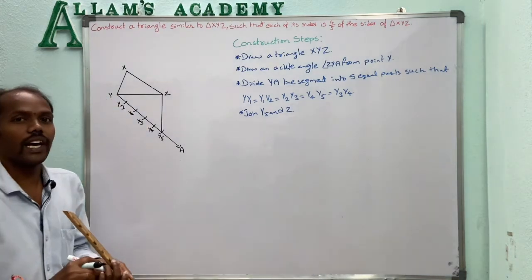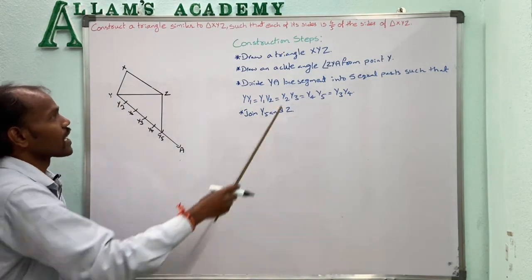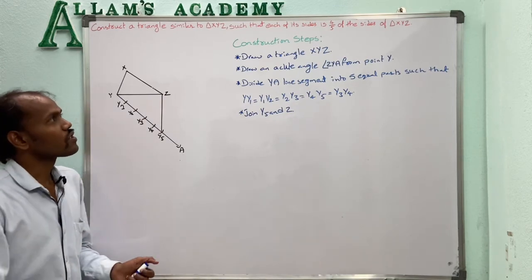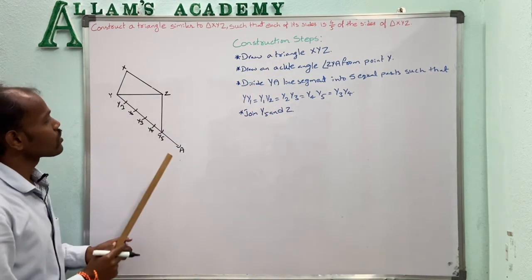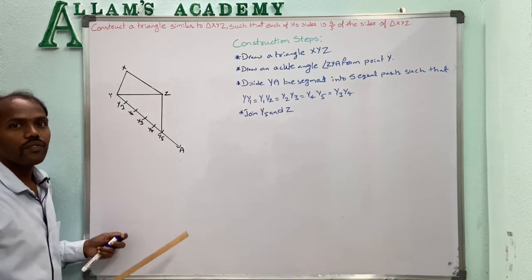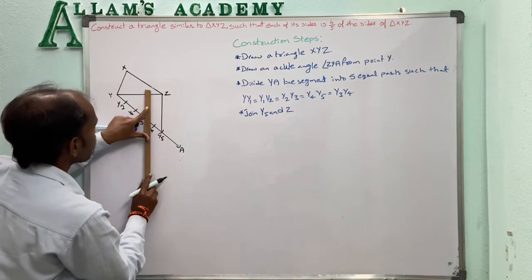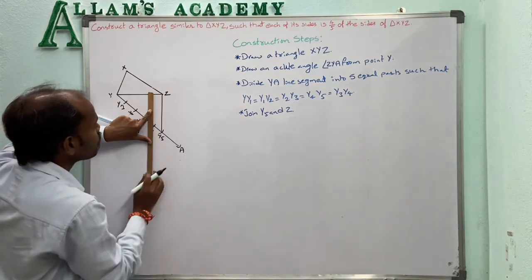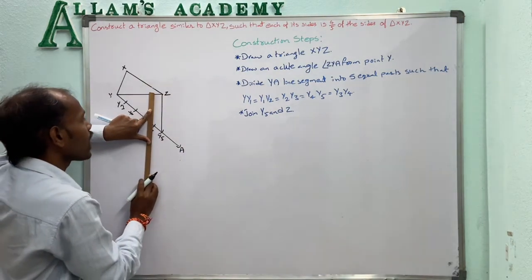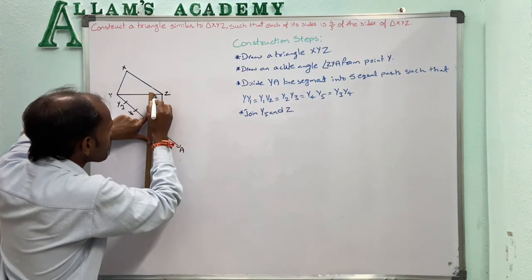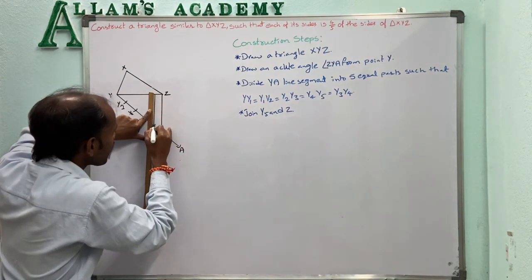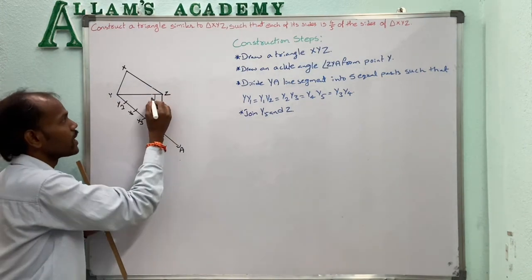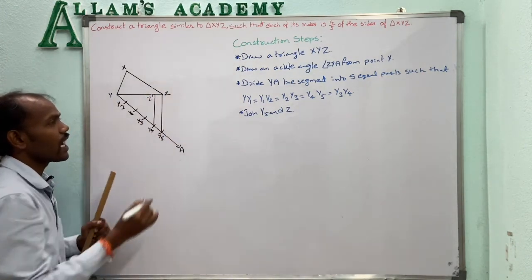Join y5 and Z. So now we draw the similar triangle with the 4 by 5 ratio. The numerator is 4, so we take y4, that is the fourth point. From that fourth point we draw a parallel line to y5Z through a set square. That drawn line touches the YZ line segment at Z dash.